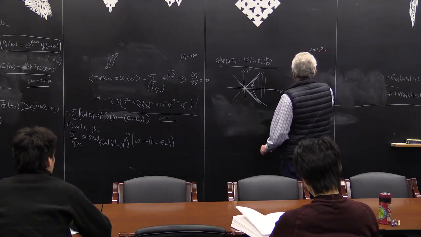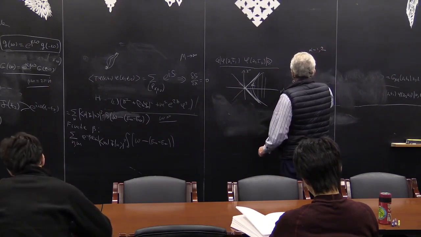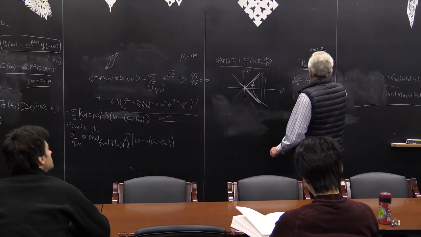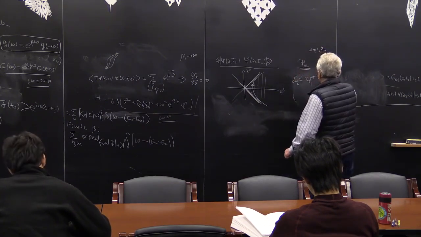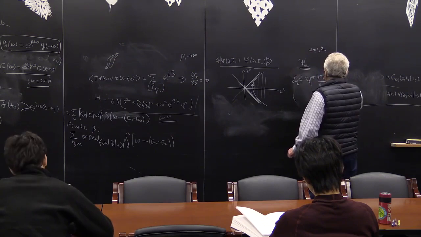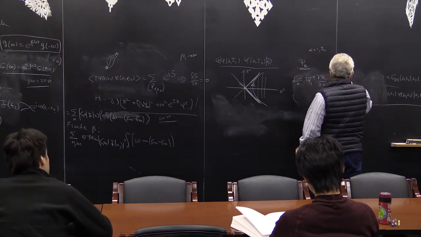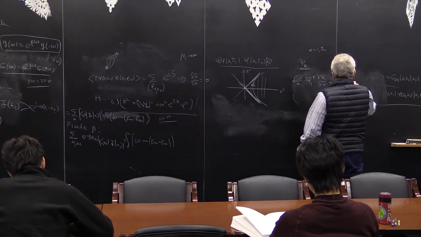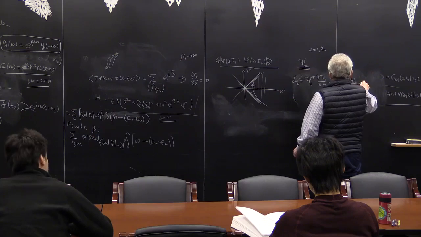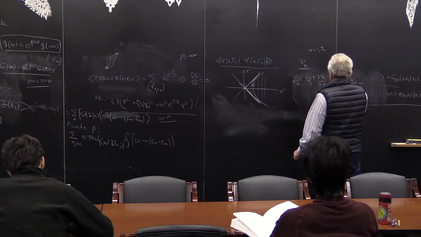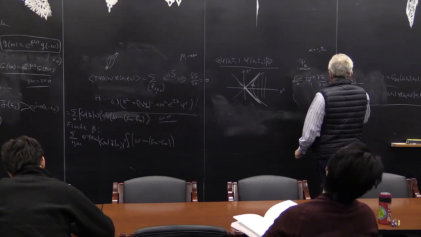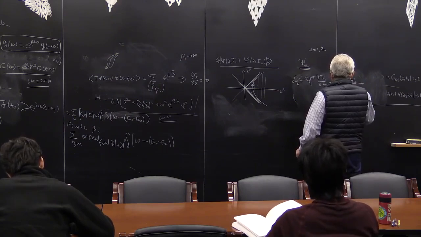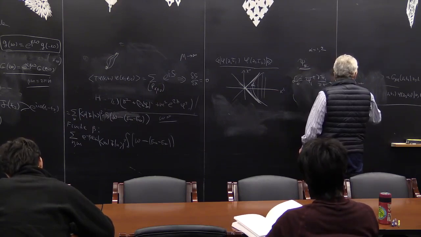We have the Lagrangian of the fields themselves, and the important thing is to have two different masses.